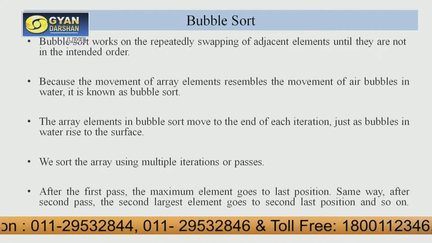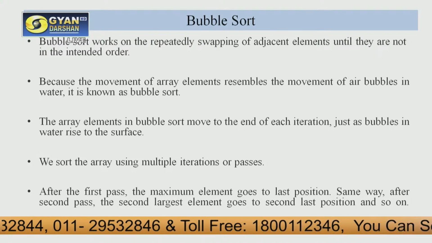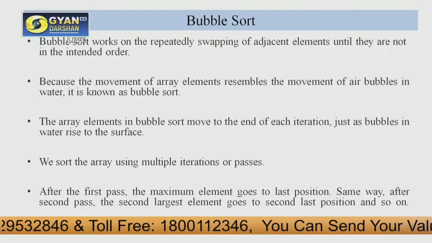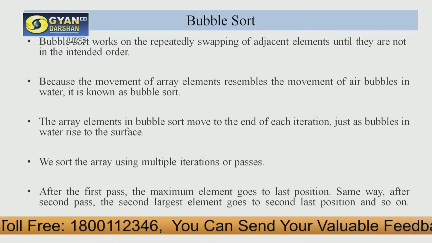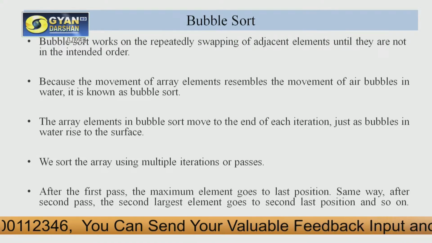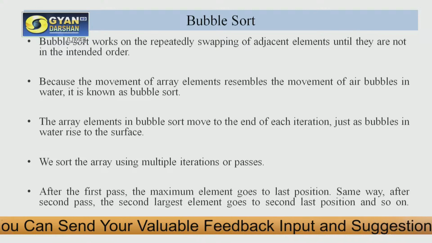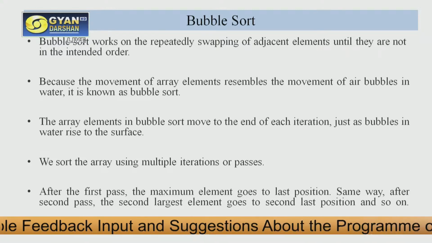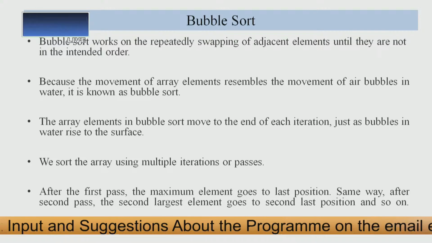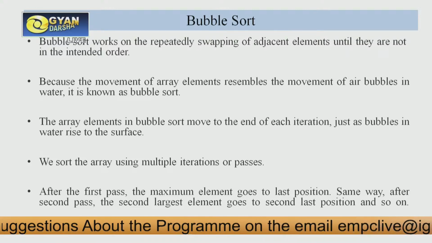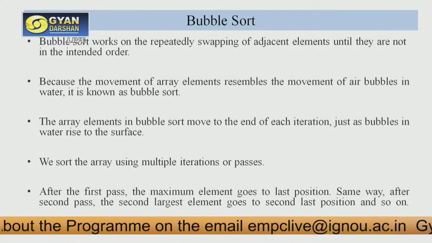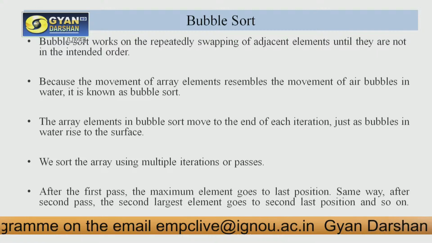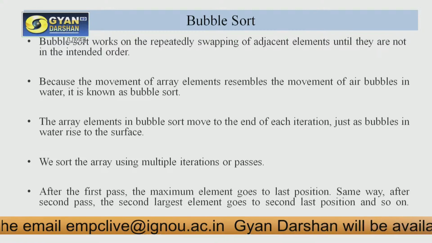Once swapping is done, then in the next iteration we will compare the second element with the third one. And if the second is greater than the third, then again swapping will be required. In this way, next we compare the third element with the fourth, and accordingly if swapping is required we do it, otherwise not.